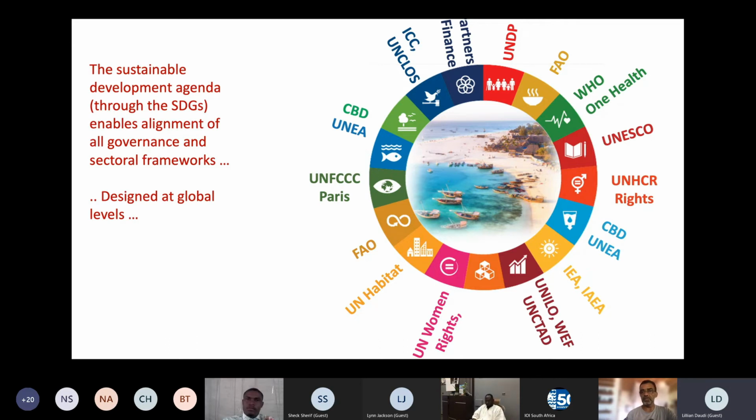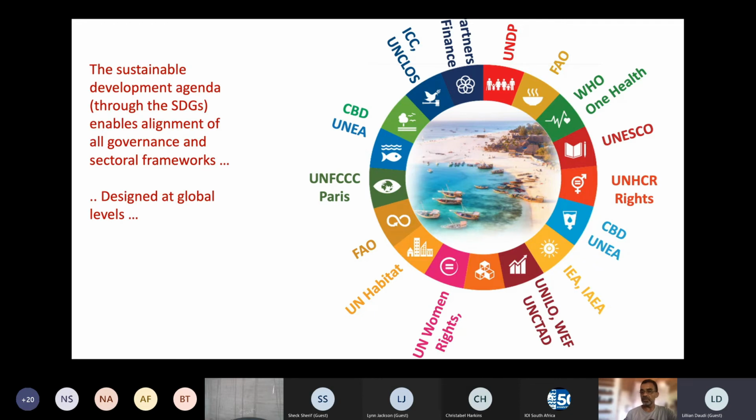It's designed at global levels, and here I've shown the different global institutions: the Convention on Biological Diversity for biodiversity and nature, the UN Convention on Climate Change for Goal 13, FAO for food and production, WHO, the World Health Organization, for Goal 3. So there are global institutions that are tasked with or have a mandate in each of the goals, or maybe across a couple of the goals.